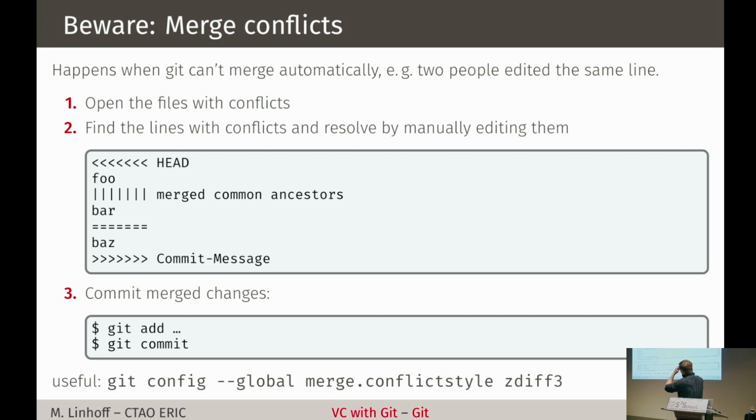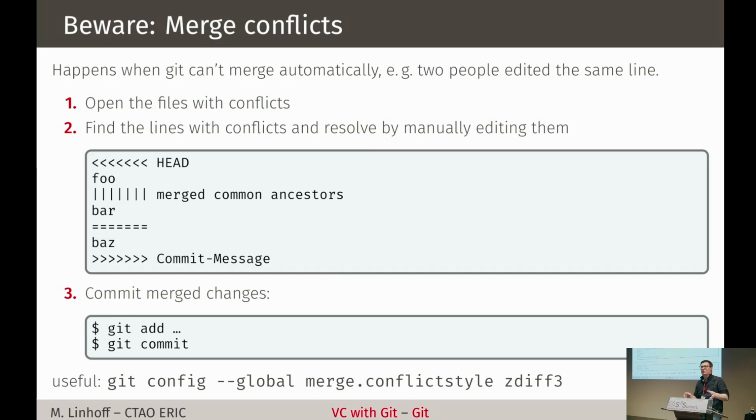If you enable the option below, additionally, in the middle, you get a third option, and this is the version of the software before each of the branches diverged. So you have the original code in the middle, your version on the top, and the other version on the bottom, and then you can compare and decide what should go into the final commit.